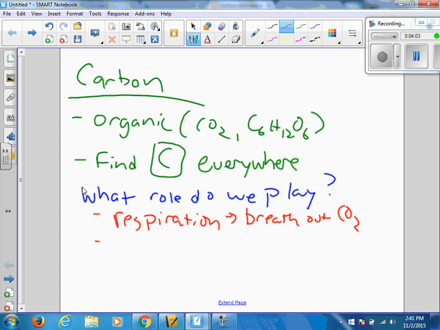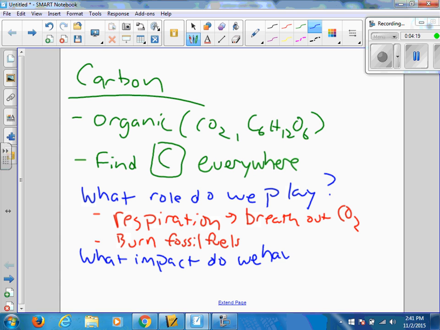And we also burn fossil fuels. So if we want to ask the second question, what impacts do we have on the carbon cycle? How do humans impact the carbon cycle? That's an important question to sustainability.